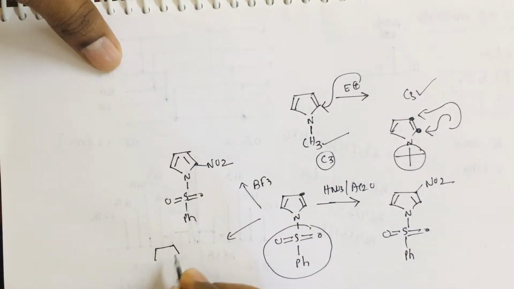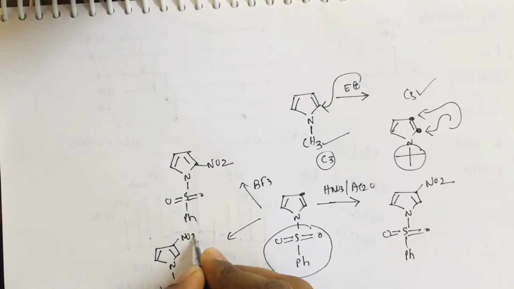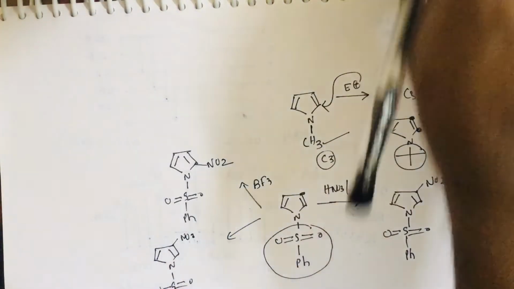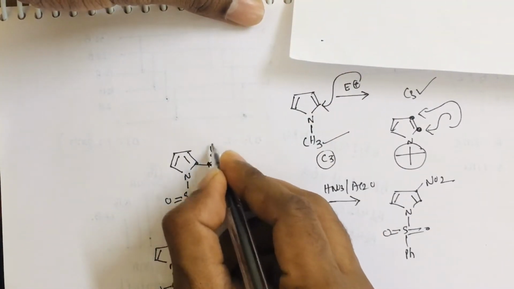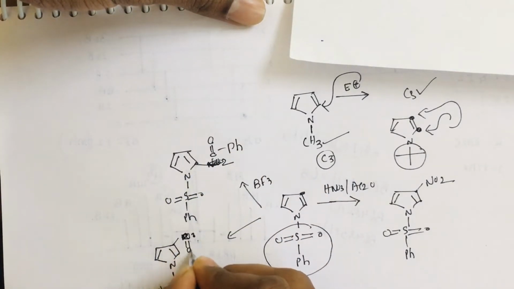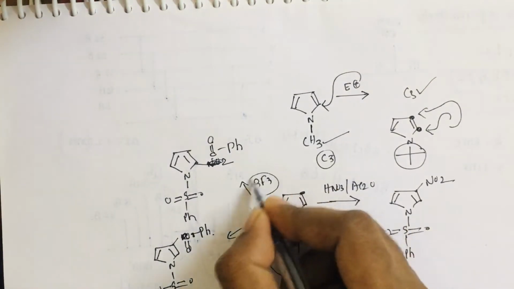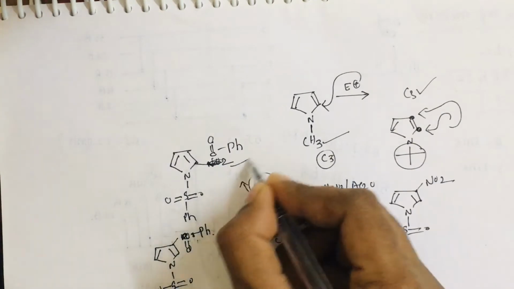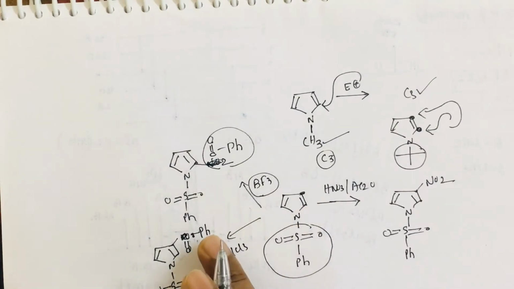When we have AlCl3, in that case we will get a... sorry, this is acylation, not nitration, COPH, and here COPH. Okay, so only in case of BF3 we are getting a 2 acyl product as major, whereas in case of AlCl3 we are getting a 3 product.